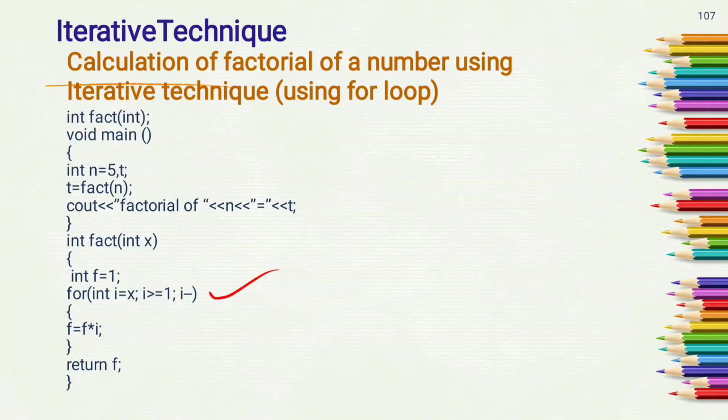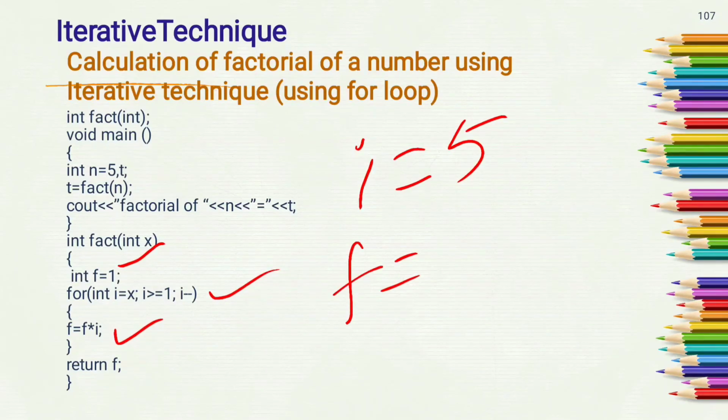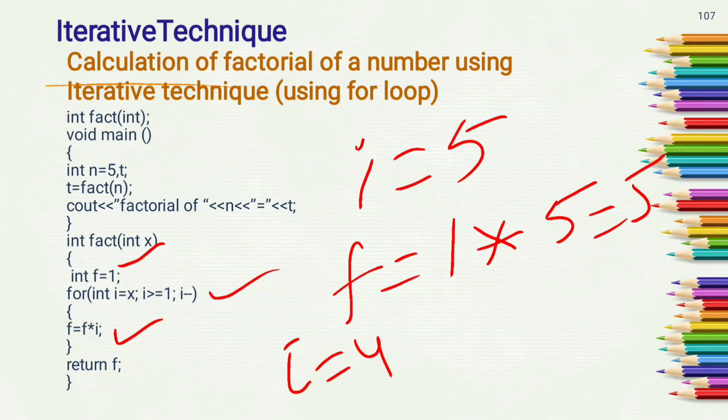Then we have to write f equals f into i. Initially we had taken f equals 1, so when i equals x, that means 5, the value of f, 1, into the value of i, 5, gives 5. So f contains 5. Then the value of i will be decremented and becomes 4.